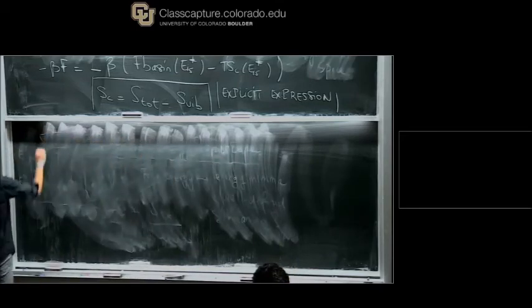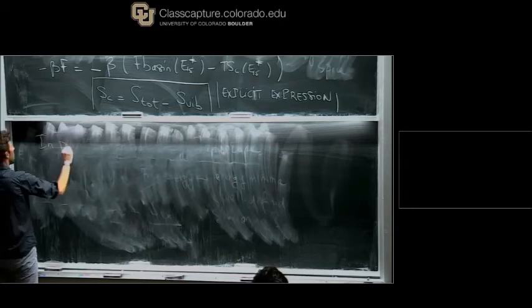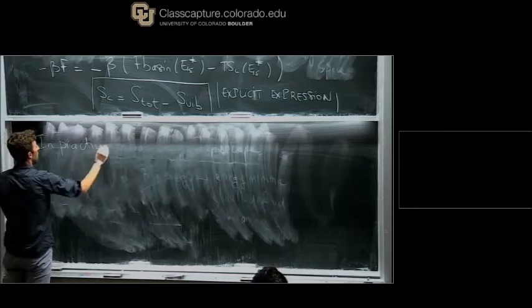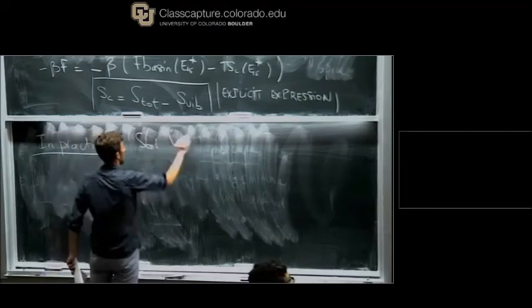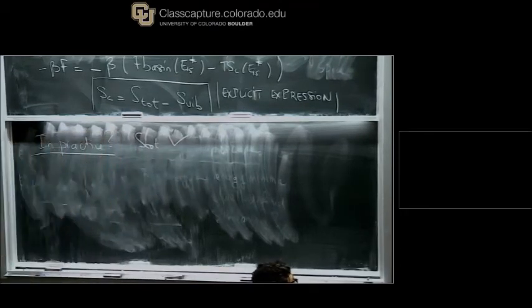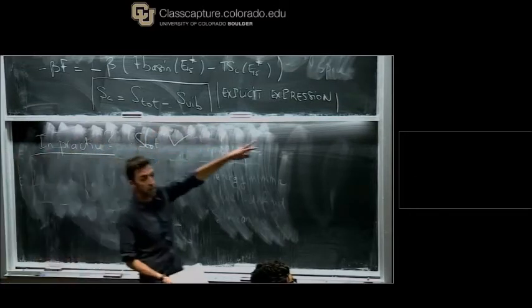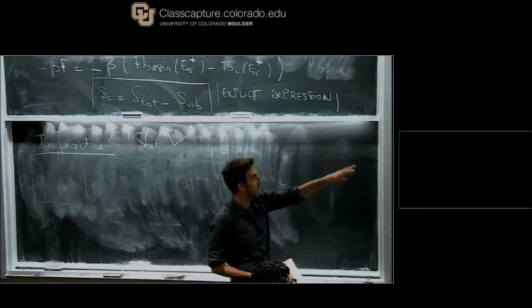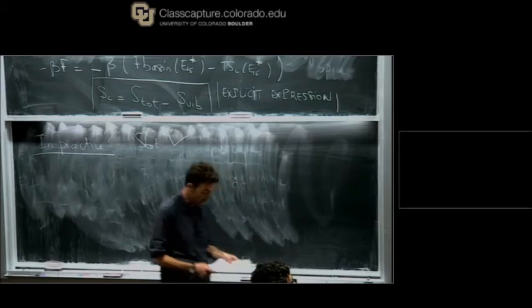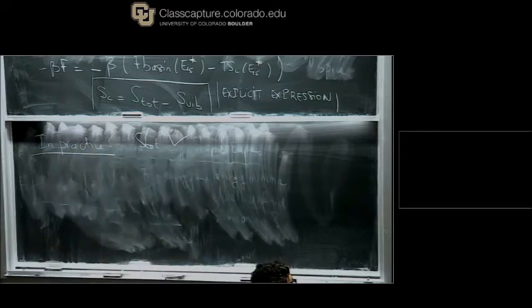In practice, S_stat, we've done it before. I told you the thermodynamic integration. So what do we do for S_vib? For S_vib, we have to go to energy minima. At the minima, we have to estimate the Hessian. We have to diagonalize the Hessian and get the eigenvalues. Okay, so we need to do this.